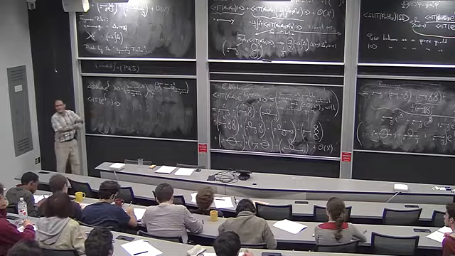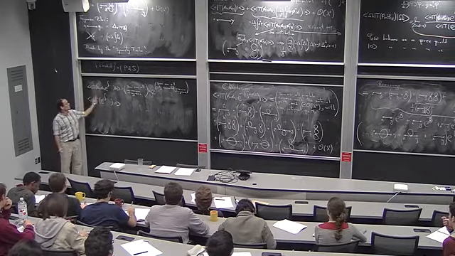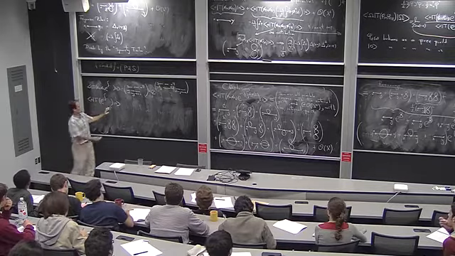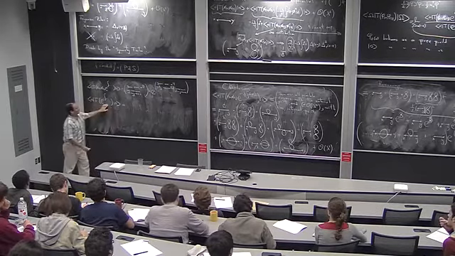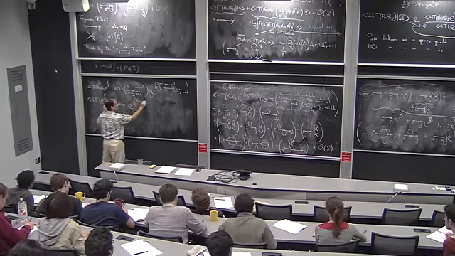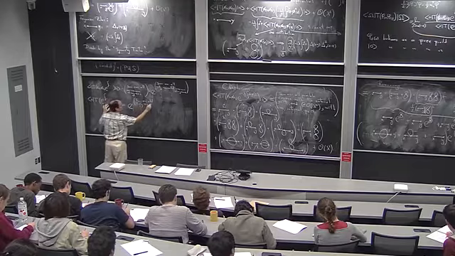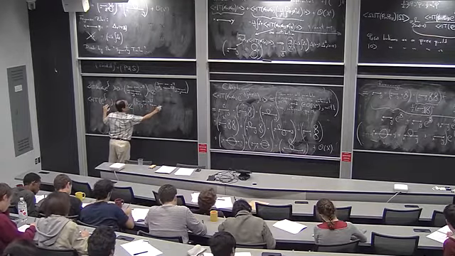The denominator is the same combinatorics. Everything is the same, except that we only get to keep the number 1 from here. So what do you think this is? Exactly. It's the exponential of the sum over all fully connected vacuum diagrams.